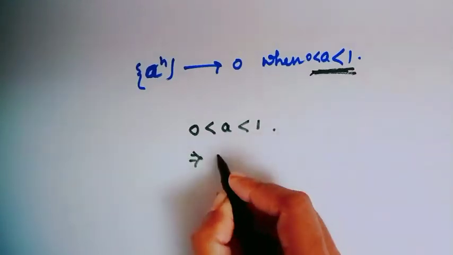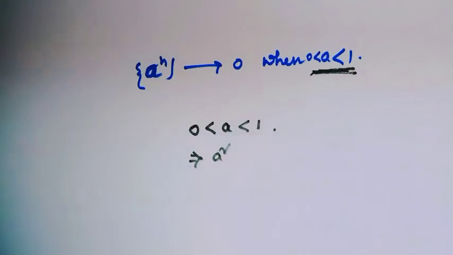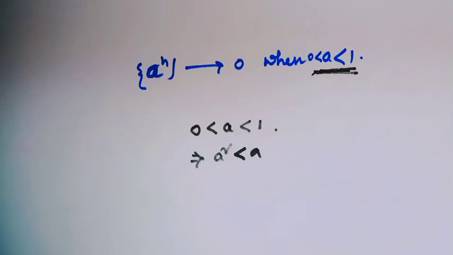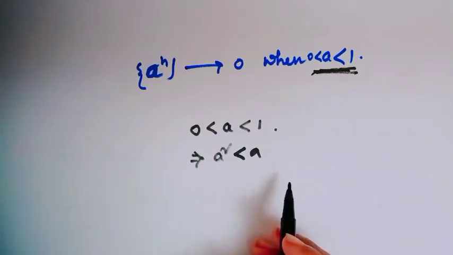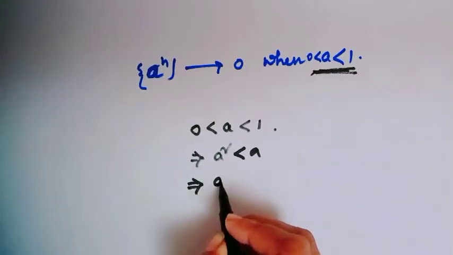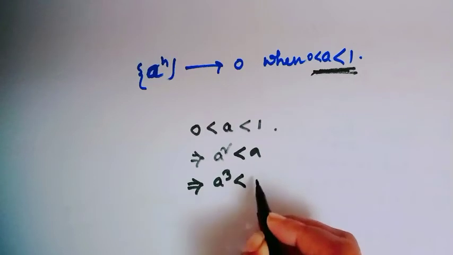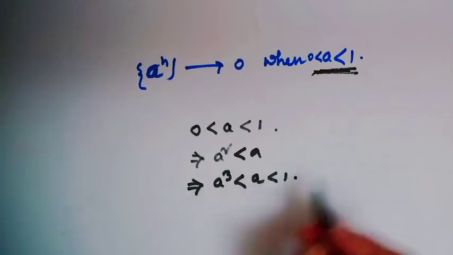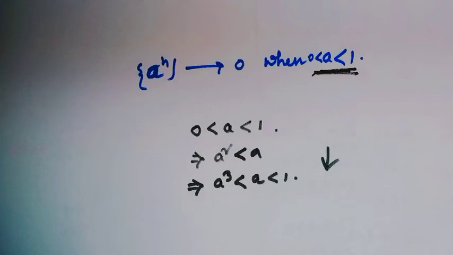Then I will get a squared strictly less than a. Since a is a positive number, I can multiply again by a, then I will get a cubed strictly less than a strictly less than 1. That means this is a decreasing sequence. We all know a decreasing sequence converges.